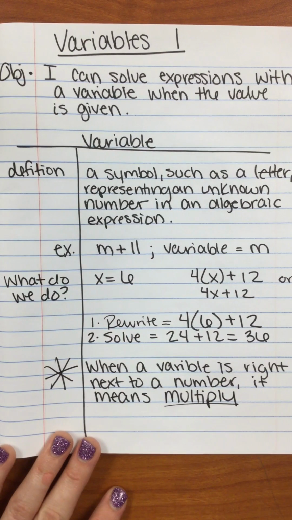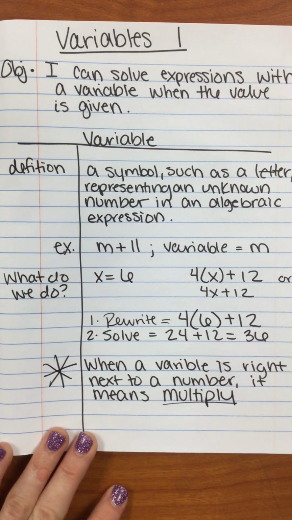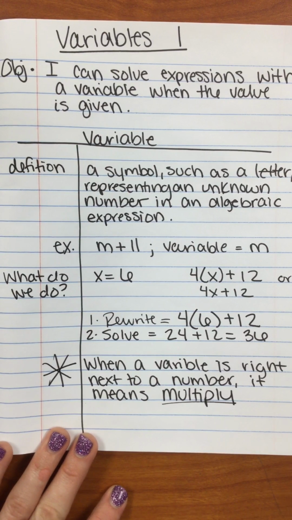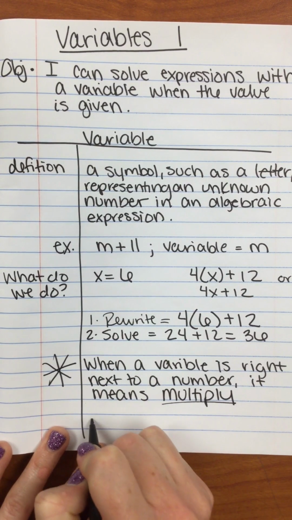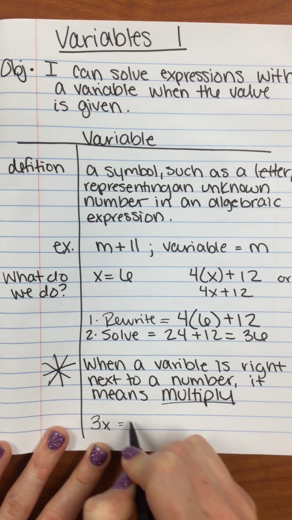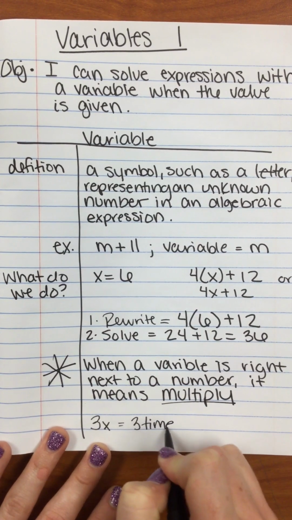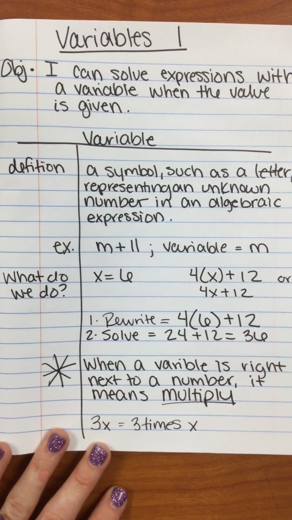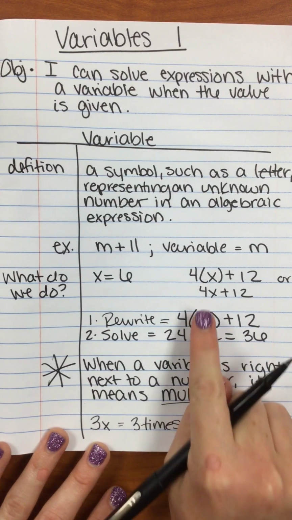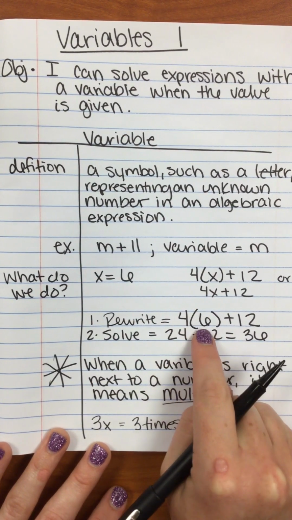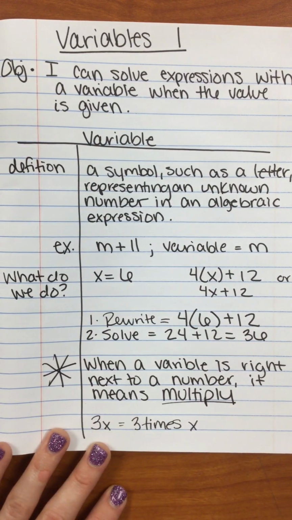And a big star next to that. When a variable is right next to a number, it means multiply. For instance, 3x would mean 3 times x. Okay, and same thing up here. 4x is 4 times 6 since we have a value.